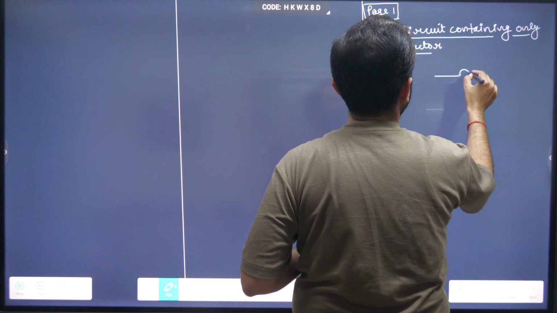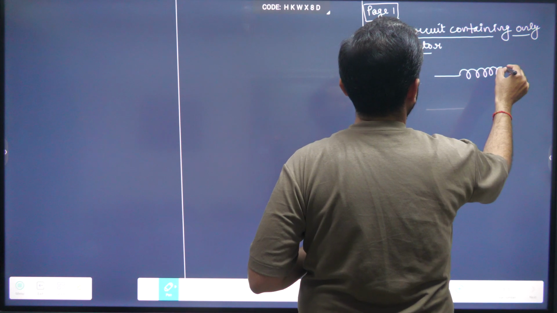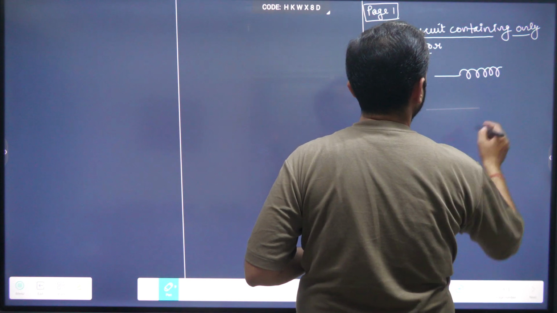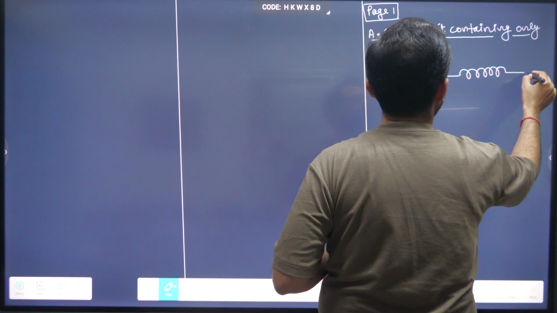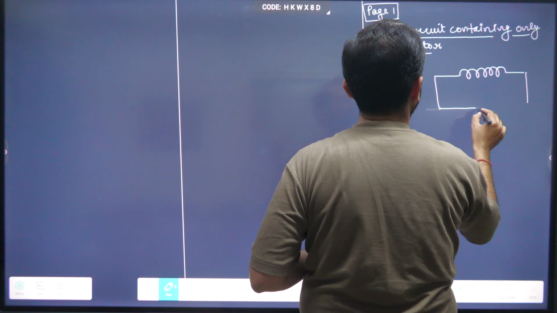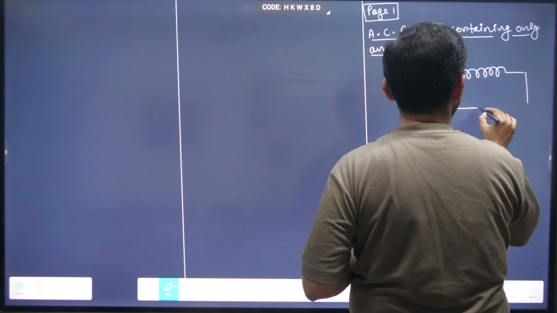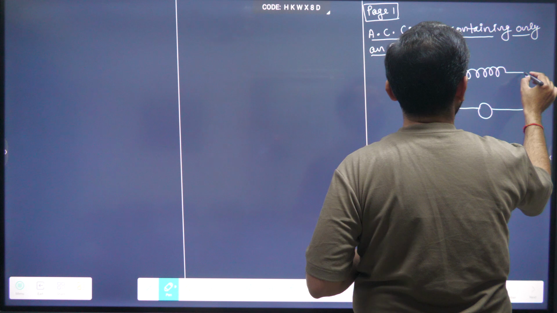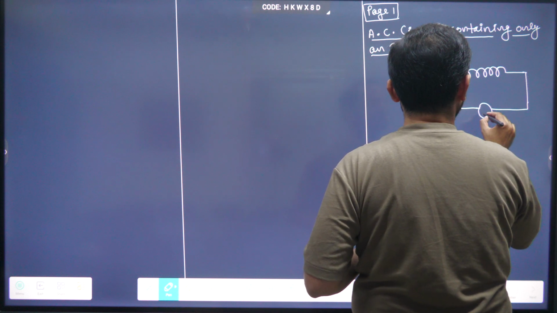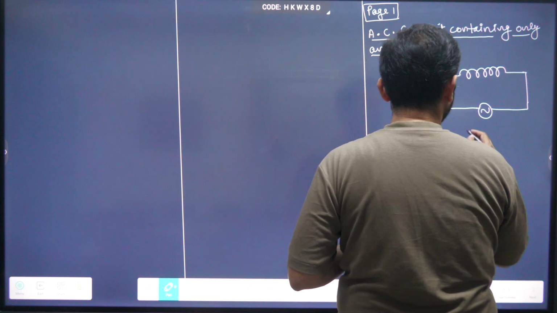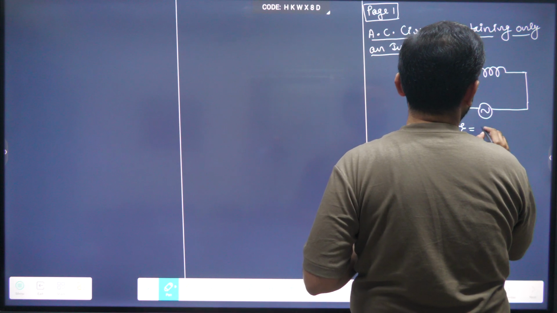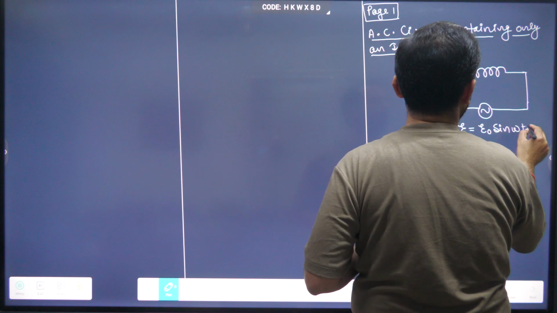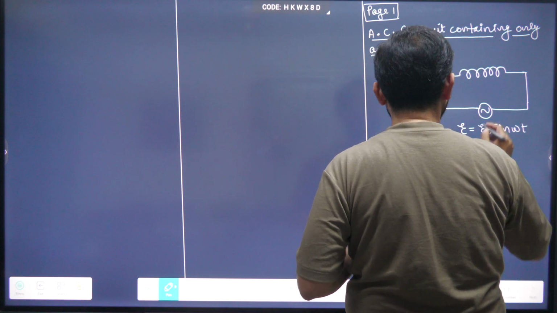It will be like this. It is an inductor. E is equal to E naught sine omega t, and what is this?